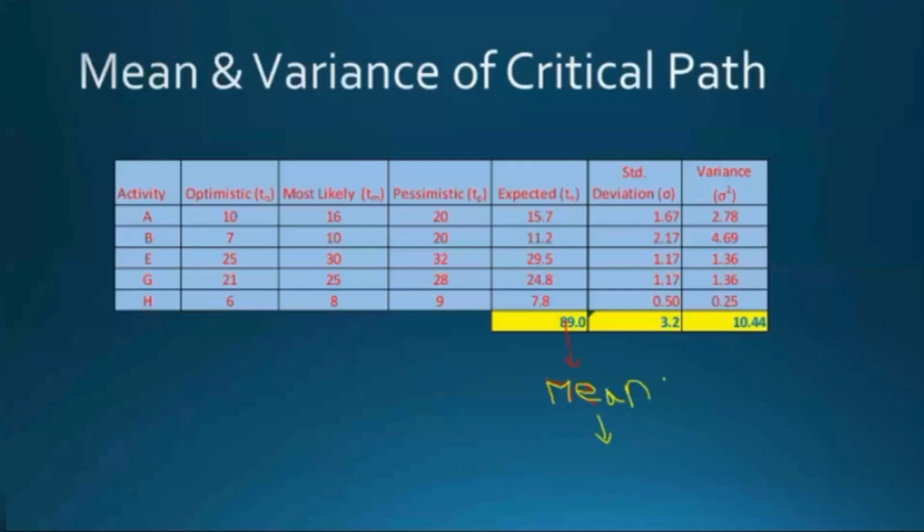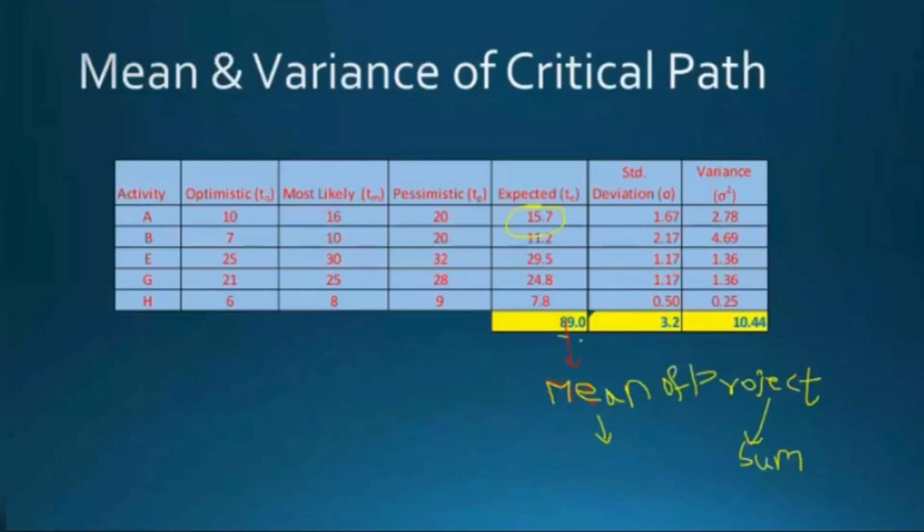So based on the central limit theorem assumption, this is what we mean by sum. The sum of the means is the statistical mean we have already calculated: 15.7 plus 11.2 plus 29.5 plus 24.8 plus 7.8, which is 89.